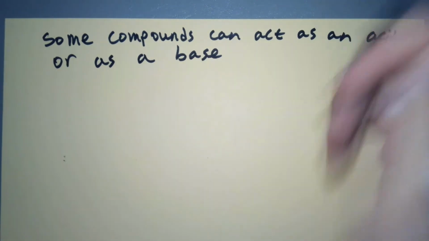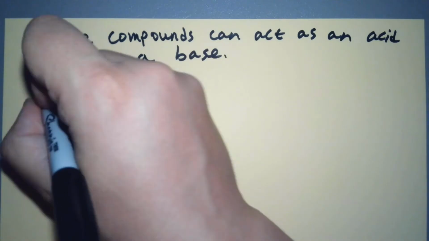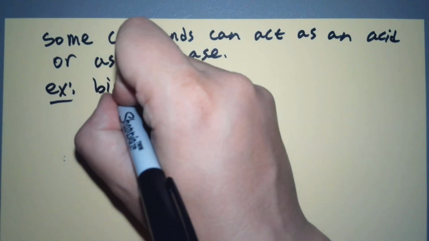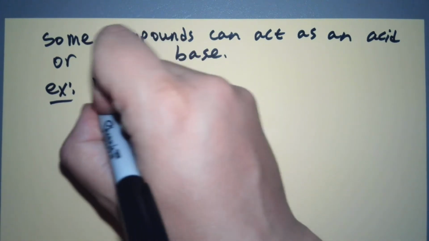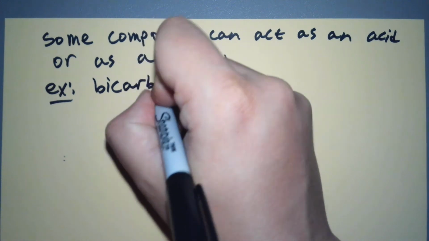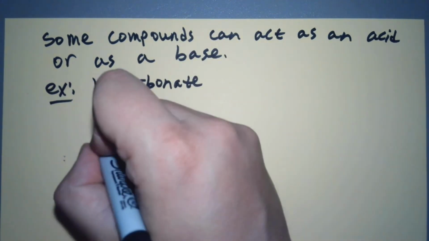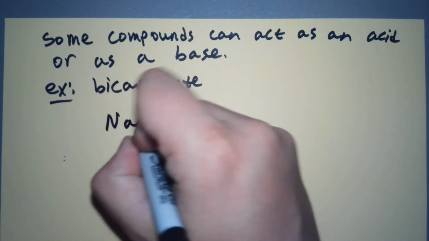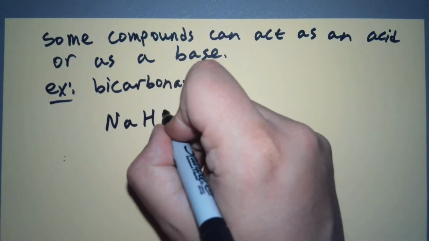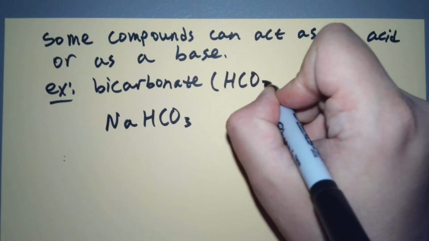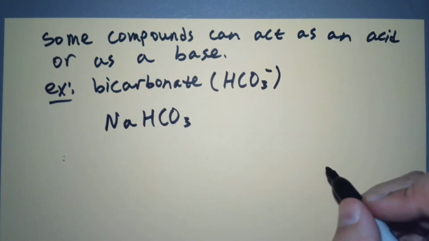So they can send out H pluses or they can receive H pluses. An example of this would be bicarbonate. So anything with the bicarbonate ion. So for example, sodium bicarbonate, NaHCO3, because bicarbonate is the HCO3 minus anion.